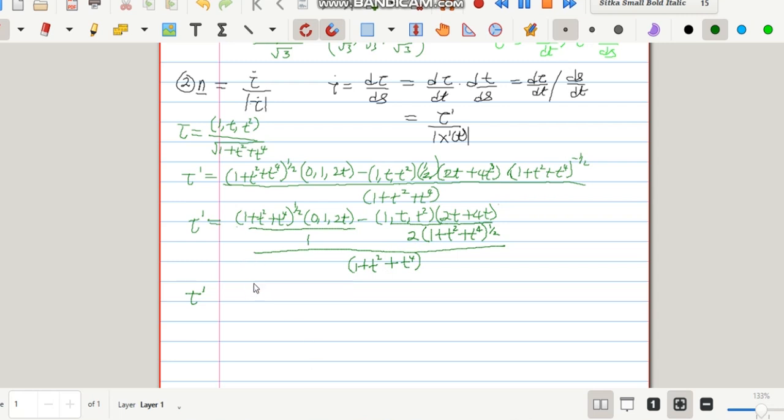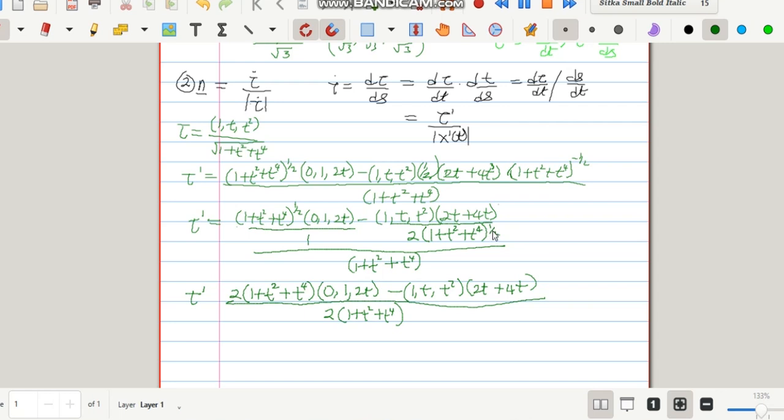So what we will have there, if we do that, we're going to have 2 into 1 plus t squared plus t raised to the power of 4, and if this add with this, you are going to have just 1, so you only have 1 there, and this is 0, 1, 2t, and this is going to be minus 1, t, t squared multiplying 2t plus 4t, all divided by 2 into 1 plus t squared plus t raised to the power of 4.